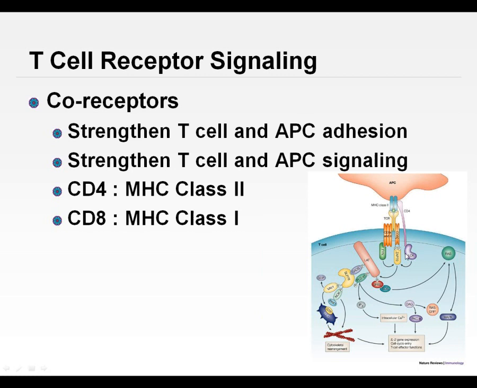It's important in adhesion, adhering these two cells together temporarily so the signaling can occur, and it actually amplifies the signal towards the nucleus. Of course, the CD4 co-receptor binds to MHC class 2, and CD8 co-receptor binds to MHC class 1.